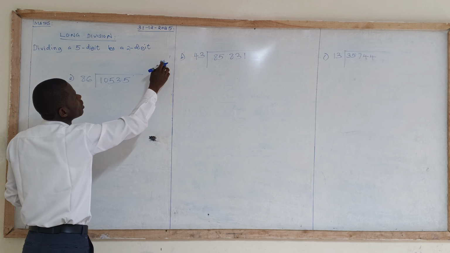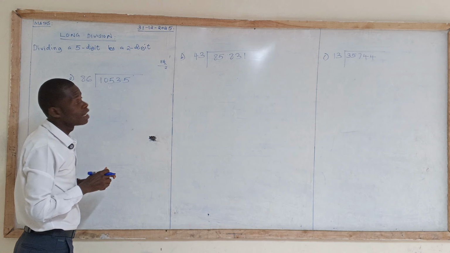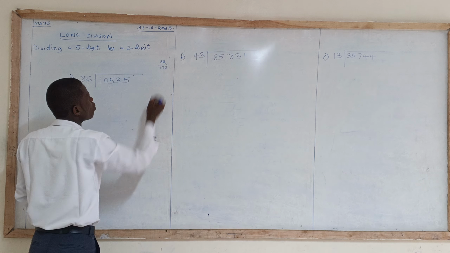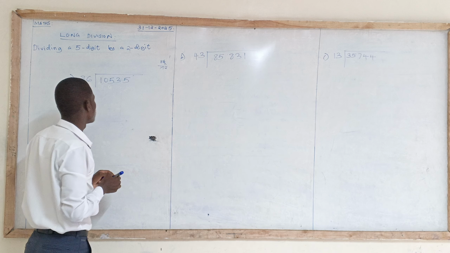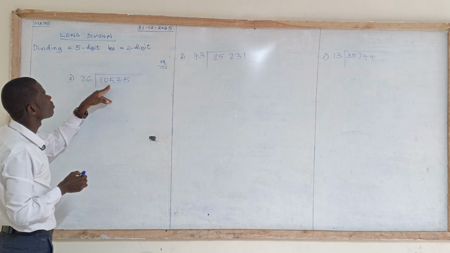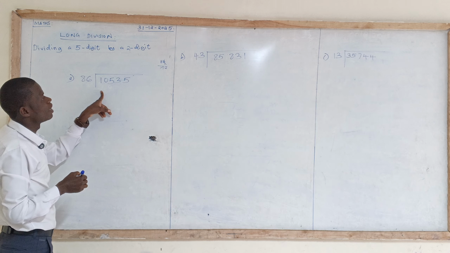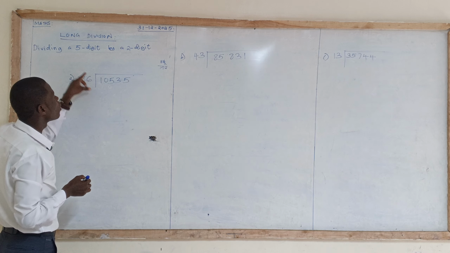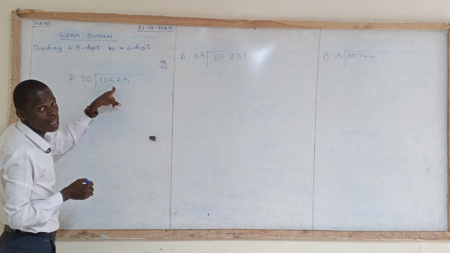We write 2, we carry 1. 2 times 8, what do you have? That is 16 plus 1, 17. 172. No, very far from it. We want a number that is less than 105 that 86 can divide. So if 2 is not there, it means that it is only 1 times 86 in 105.